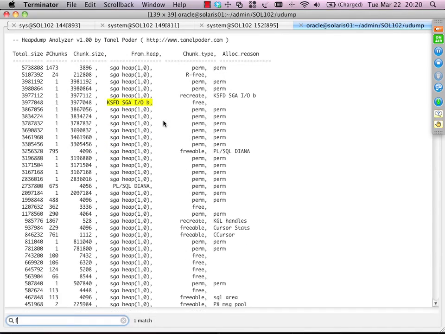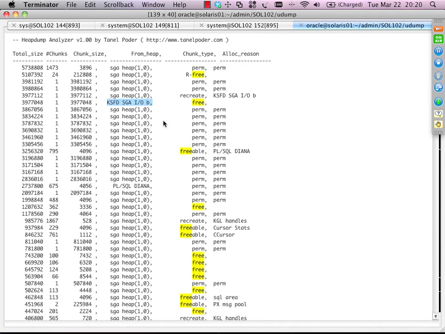And I would probably want to search for free if I'm troubleshooting something. I want to see what is the biggest free chunk. So you see, there seems to be one chunk which is almost 4 megabytes, but this chunk itself is not in the shared pool heap anymore. If you read it like this, this heap dump has done a recursive dump. So whenever it found another heap inside the shared pool heap, it went on and dumped that as well, recursively.